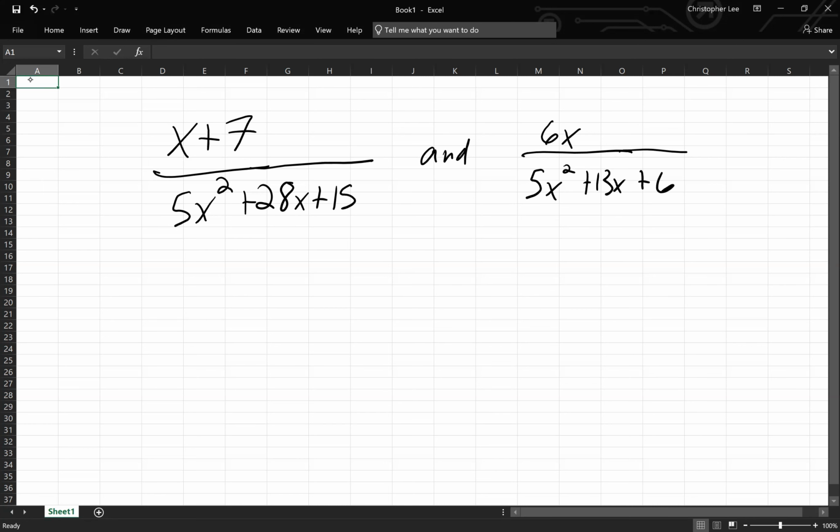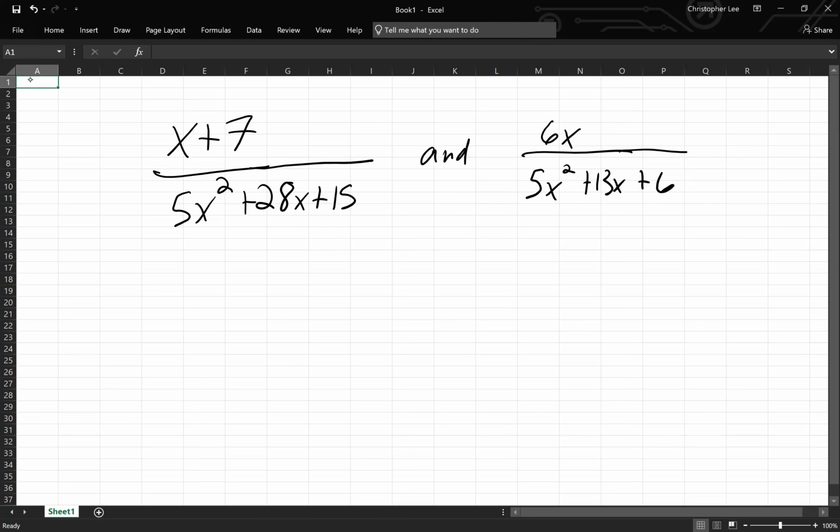And what am I supposed to do here? Well, what you're gonna do is factor both of these, and then when you factor both, you create the LCD and then you just type it in. So to find it, you're gonna need to factor each one individually.